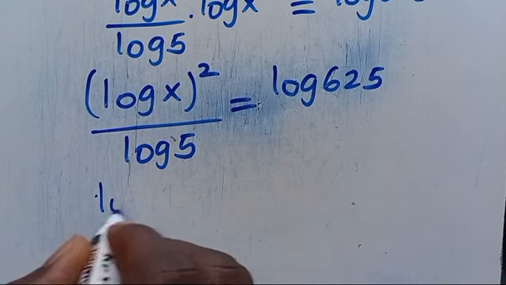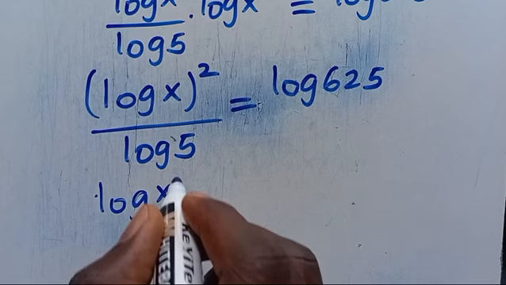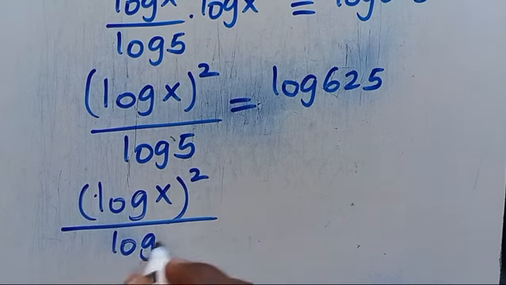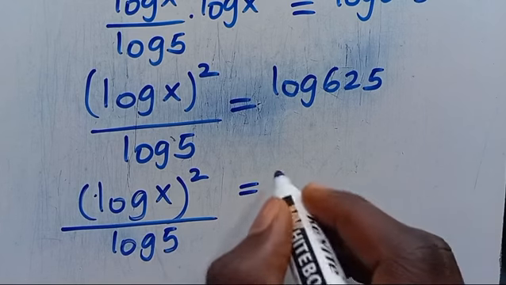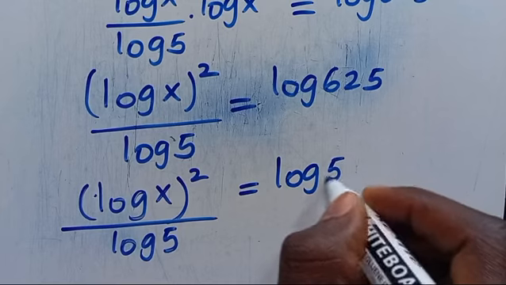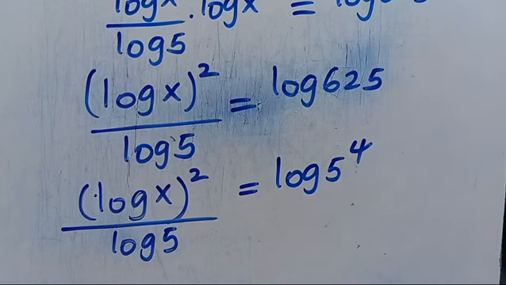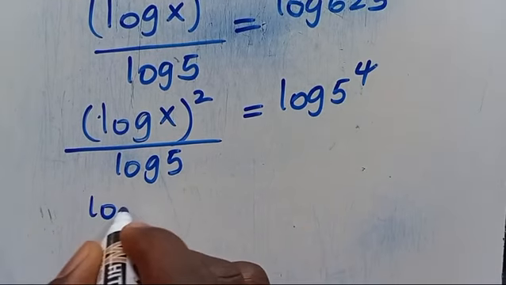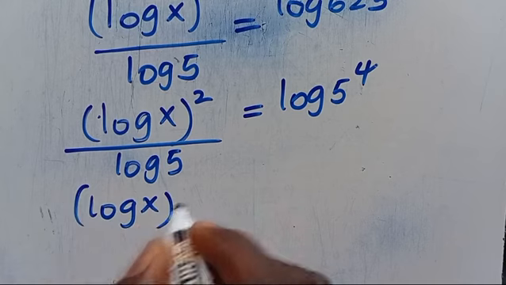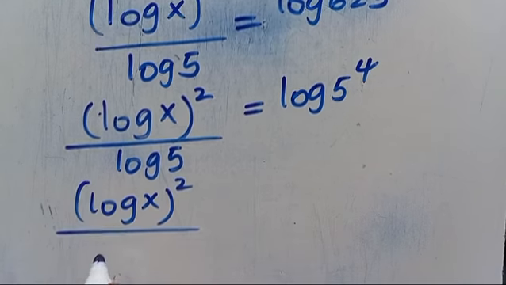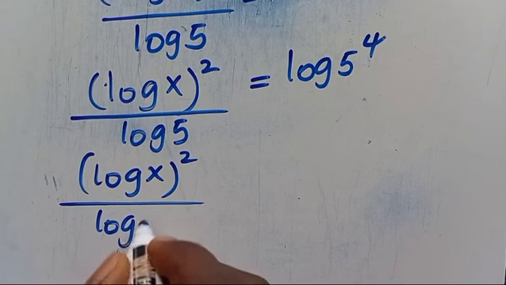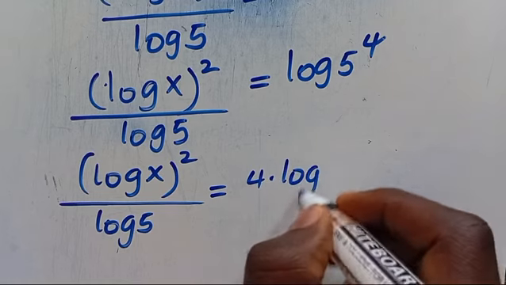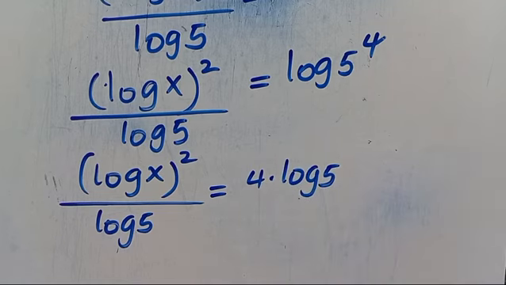So we have this as log x in parentheses to the power of 2 divided by log 5 equals log 5 to the power of 4. And this, we have it as log x in parentheses to the power of 2 divided by log 5 equals 4 multiplied by log 5.